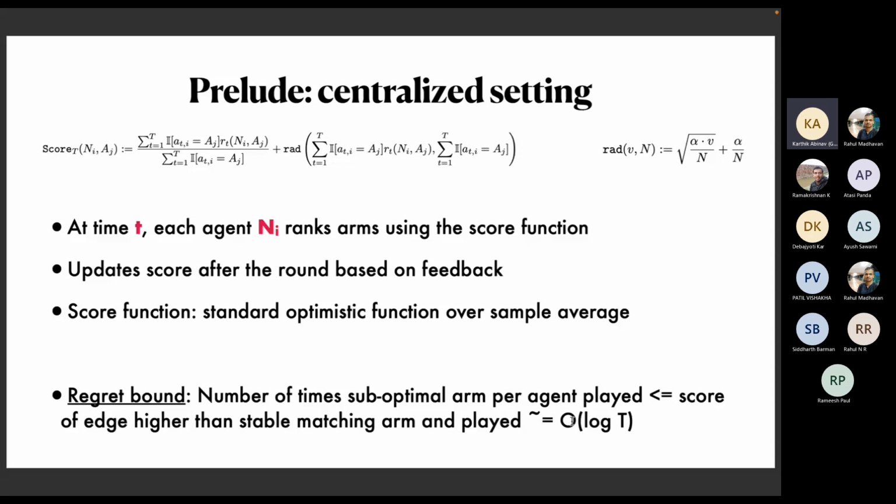The runtime itself is definitely an interesting aspect to study, especially in a centralized setting. It would definitely be useful if there are better algorithms for these kinds of approximate scores and approximate preferences.